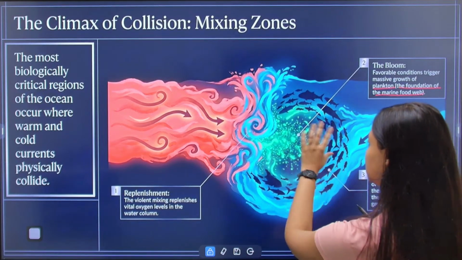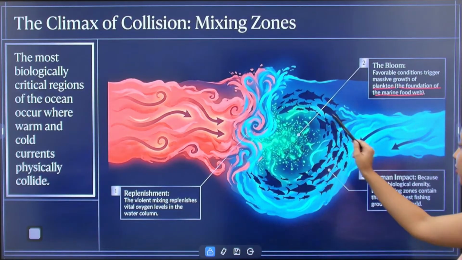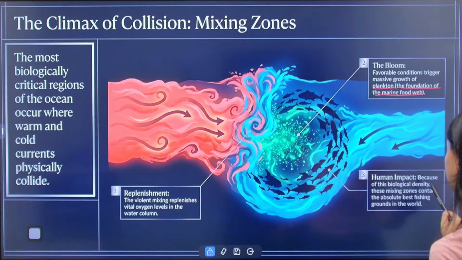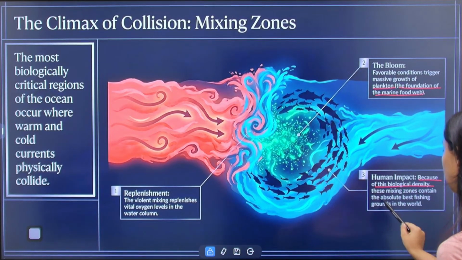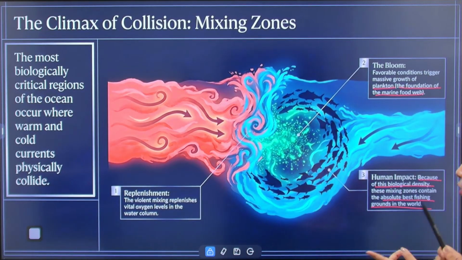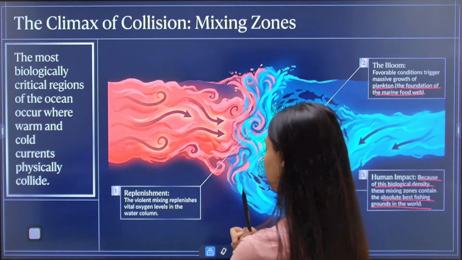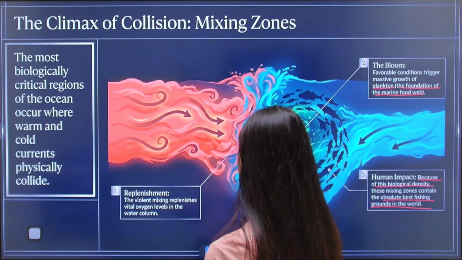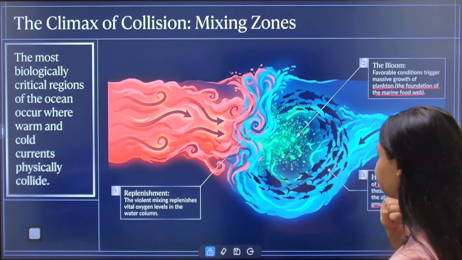So plankton growth is high in this region, oxygen gets replenished, and a huge fish population is found. Because of this biological density, these mixing zones contain the absolute best fishing grounds in the world. Wherever a collision of cold and warm currents happens, those become good fishing grounds. All over the world, wherever the collision zones are, you will get good fish counts.